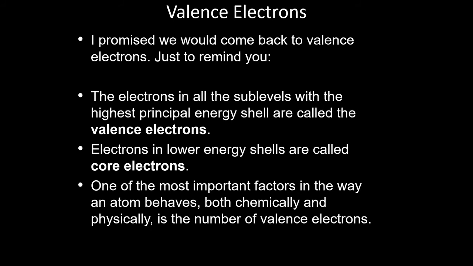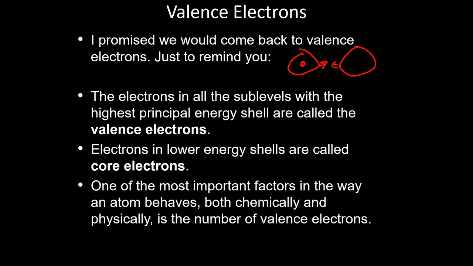Because these electrons are the farthest away from the nucleus, if we have an atom here, sorry, that's a terrible circle, but pretend that's a circle, and there's some other atom here, and they're going to interact with each other, this atom is not going to interact with the electrons that are way down in the core, near the nucleus. It physically cannot interact with them.